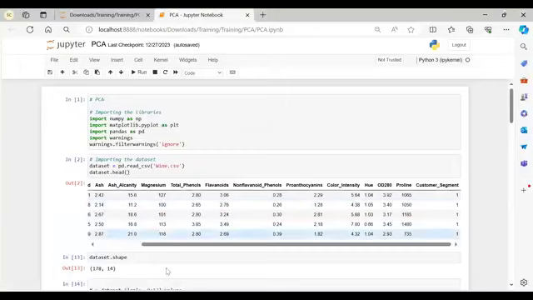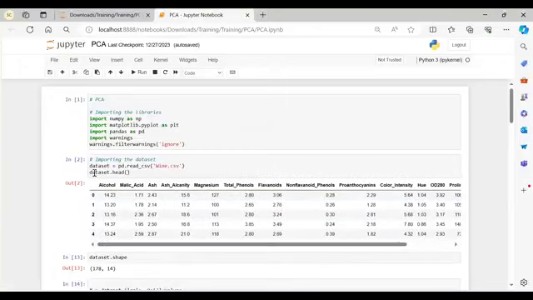For example, if the alcohol content is high, possibly the acid could be high, color intensity could be high, magnesium could be high.